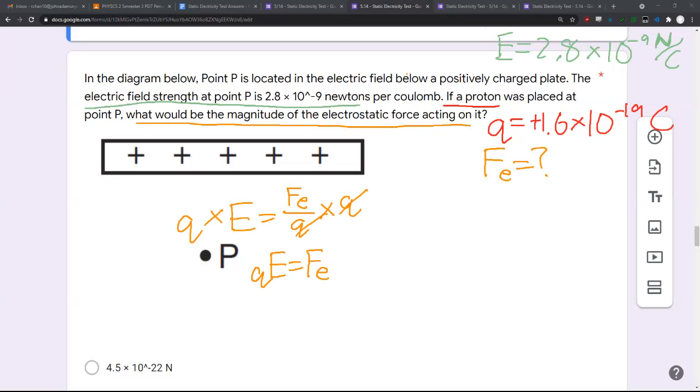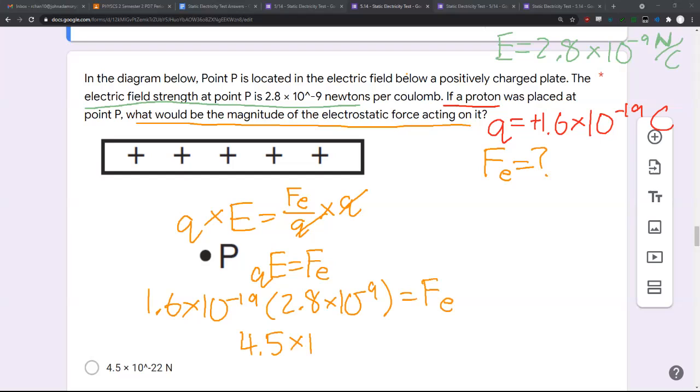Then you plug in your knowns: Q is 1.6 times 10 to the negative 19, E is 2.8 times 10 to the negative 9, and you get Fe equal to 4.5 times 10 to the negative 28 newtons.